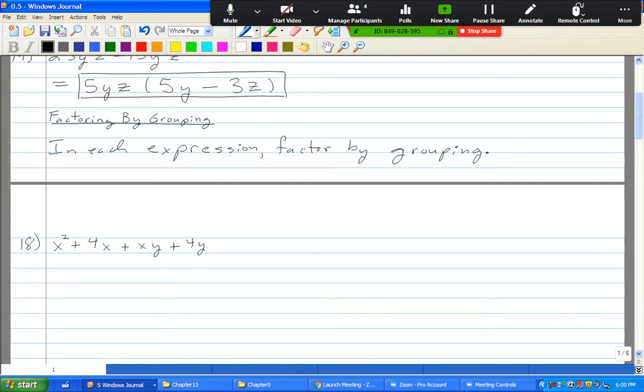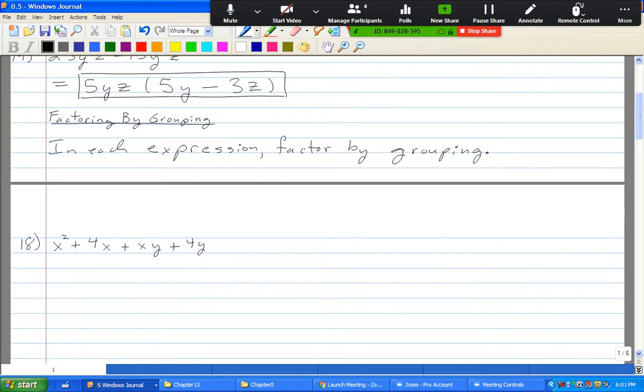Factoring by grouping is more of an art than a technique. It's very powerful, but it can be sort of tricky to understand how you should group.